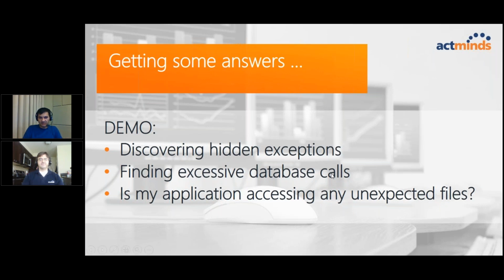We found out that we had excessive database calls on our application, and we saw that using inteltrace, you can enable file events and see if maybe there is something you are accessing too much, or maybe there is something happening, like a permission issue or anything like that, also happening on our application.